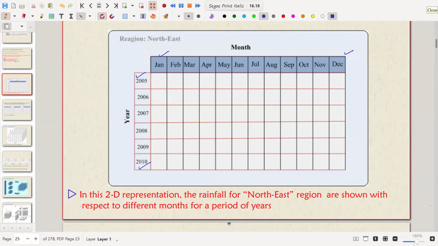In 2005, how much rain happened, 10 mm of rain in a particular area or not? In these grids, you can fill the numbers, 50.2, 25.8, like that. Decimal data.